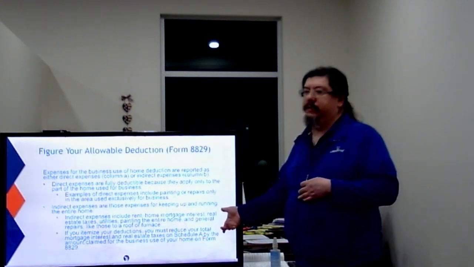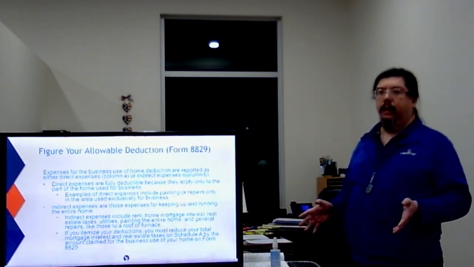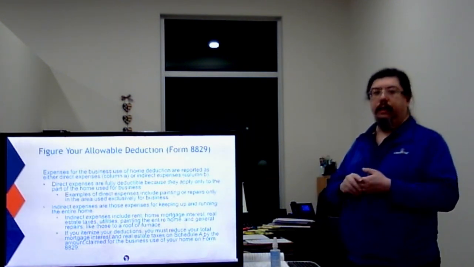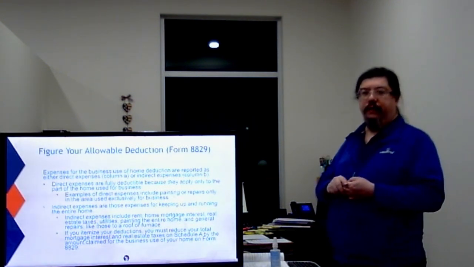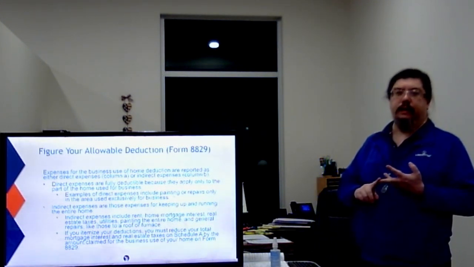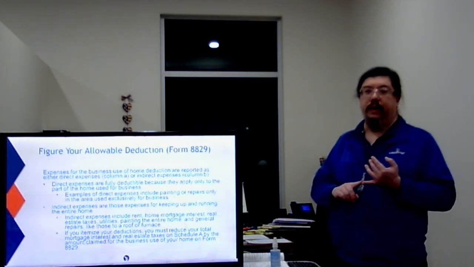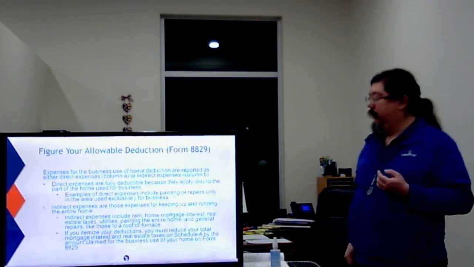Indirect expenses are your expenses that pertain to the entire home, that only indirectly benefit your home office. So that'd be your mortgage interest, property taxes, general lawn care, maintaining your driveway, that kind of thing.